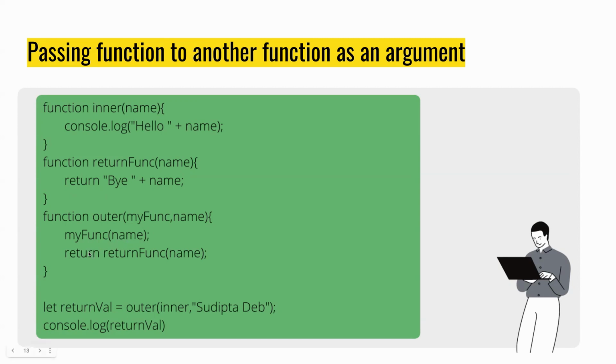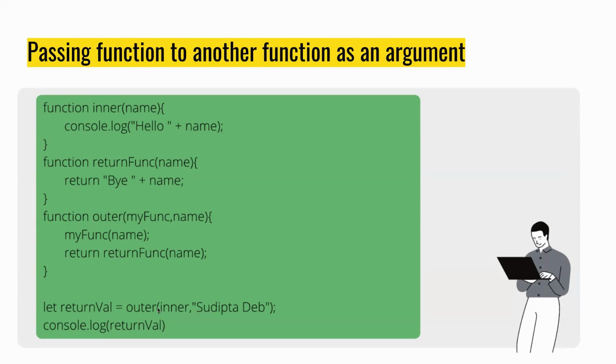And then here also I'm returning another function, the return function, passing the same value name. So now when I'm calling outer, the first parameter is basically a function which is inner, and the second parameter is a name, like my name.